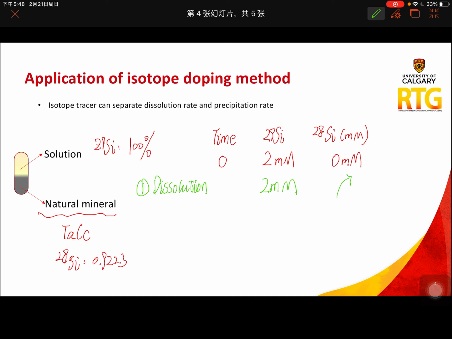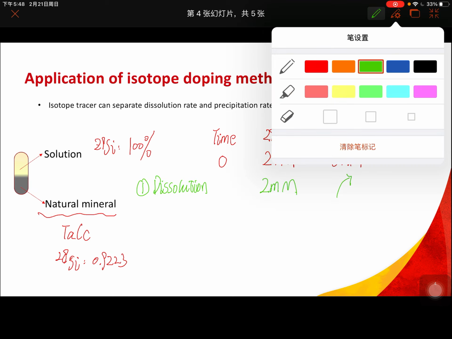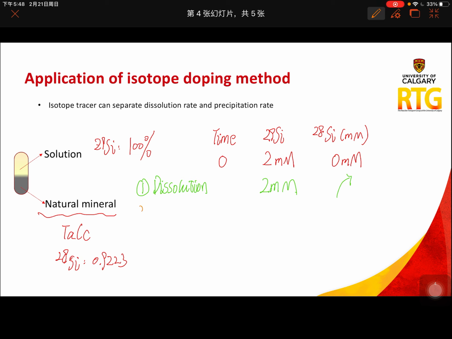So this is the first scenario. The second is if only precipitation happens. After some time, the 29 in the solution would decrease, right? And the 28 should stay the same, because there is no source of 28, since there is no dissolution.